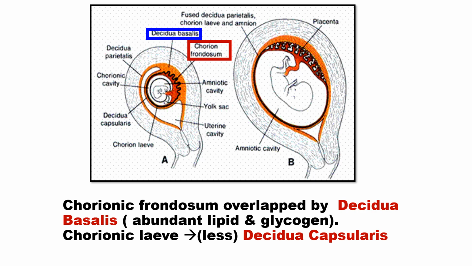Chorion frondosum, overlapped by decidua basalis, has abundant lipid and glycogen, whereas the chorion laeve, overlapped by decidua capsularis, has relatively less lipid and glycogen.